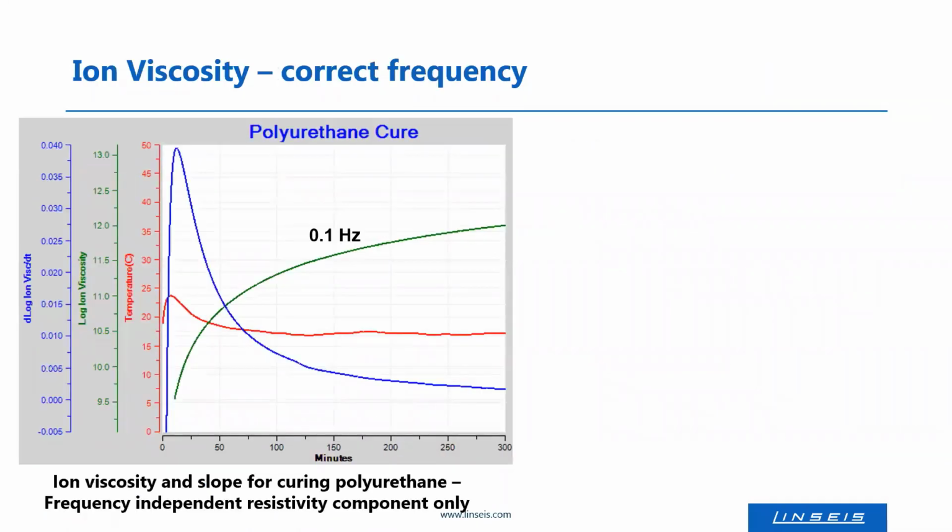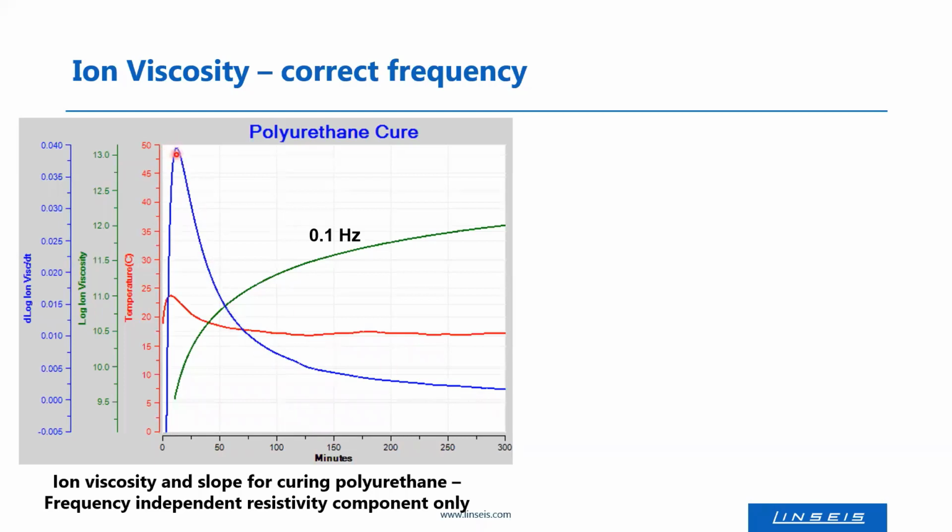When we plot only the 0.1 Hertz curve, we see here the curing process. If from this green line, which is the ion viscosity, we calculate the first derivative, then this first derivative shows you the speed of reaction, the reaction rate.